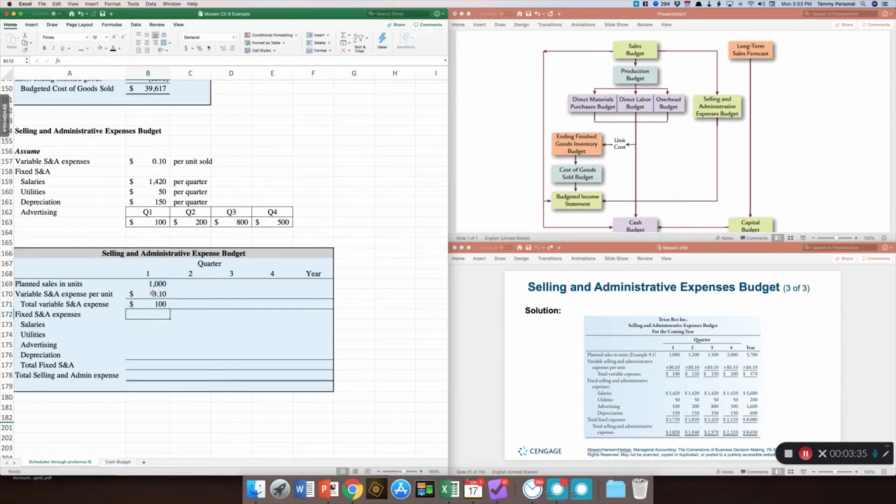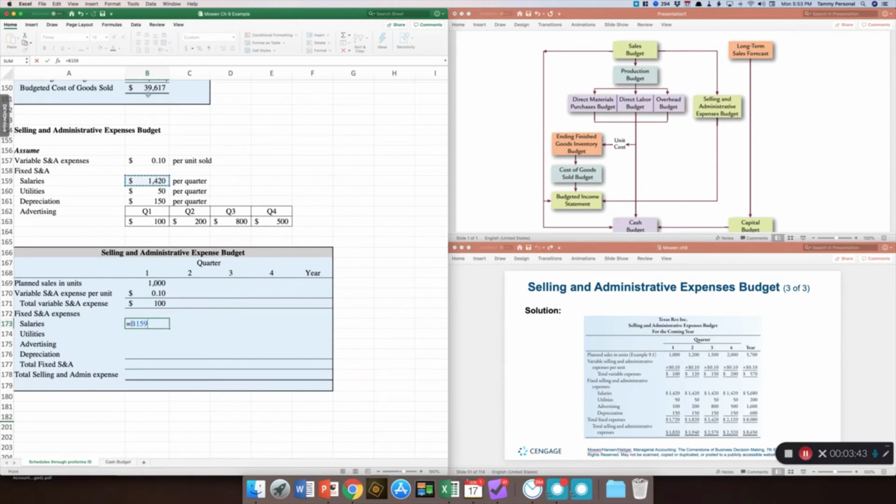And then we just pick up these fixed expenses. All right, so salaries, watch what I can do. Utilities, I can just drag that down, right?